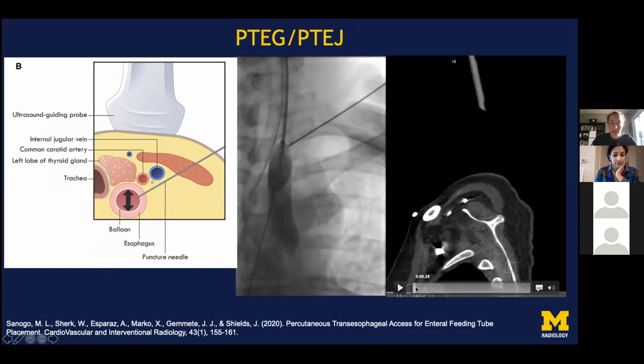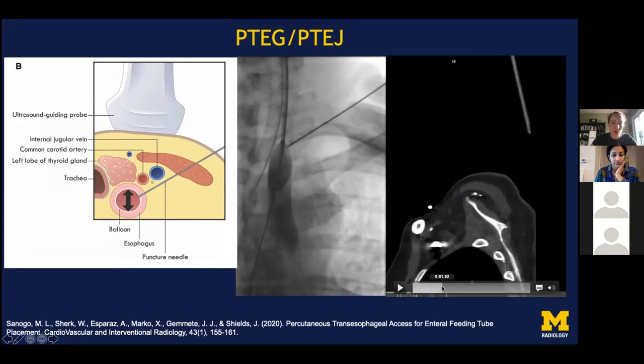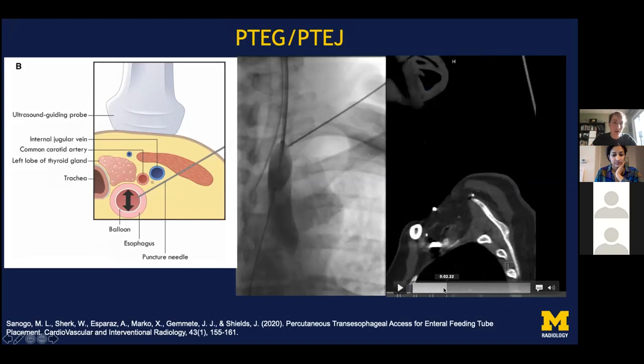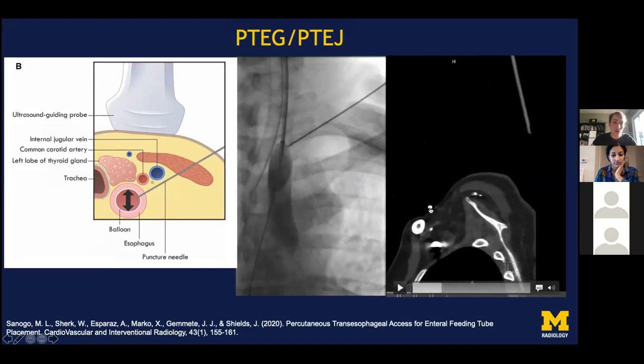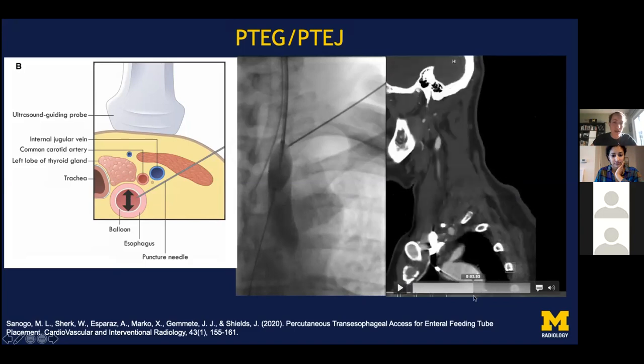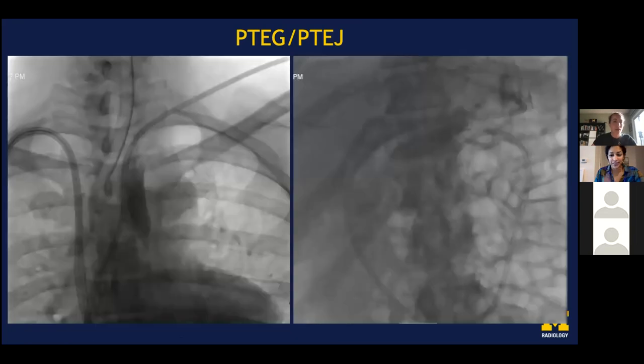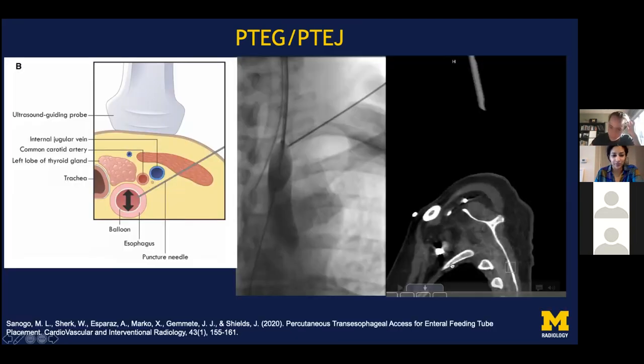This is a sagittal CT, which is just going to show you the course of the tube. I went through that a little quickly, but here's that tube. If you track it, you'll be able to see that it's going into the esophagus and then down. So it looks like they might even go through the thyroid gland sometimes.